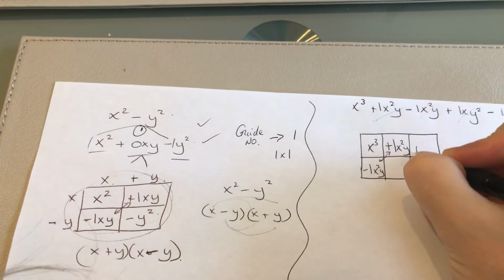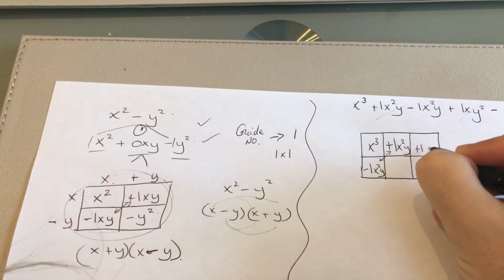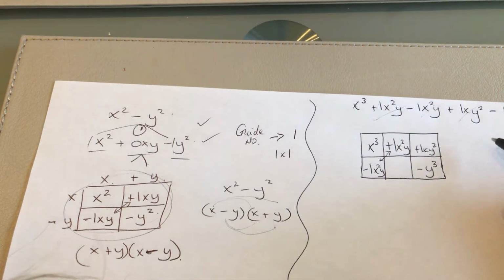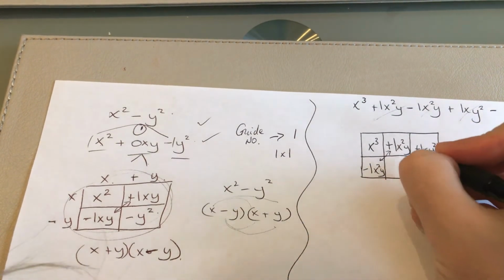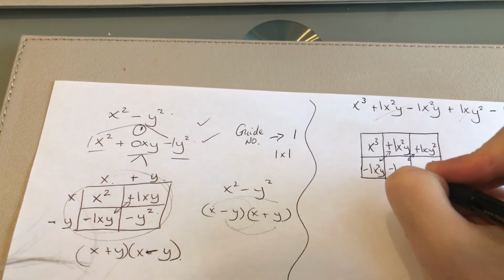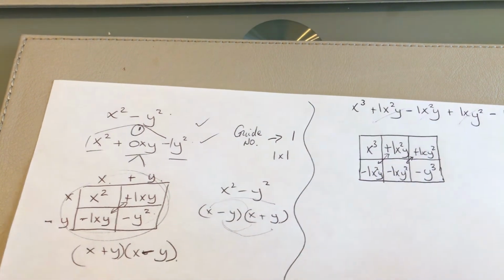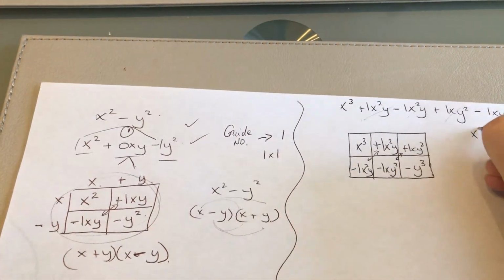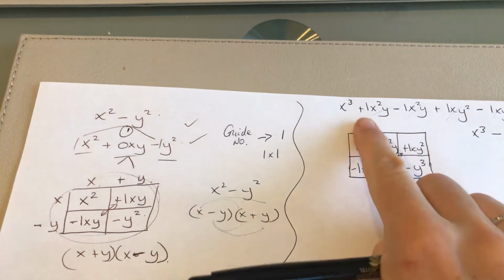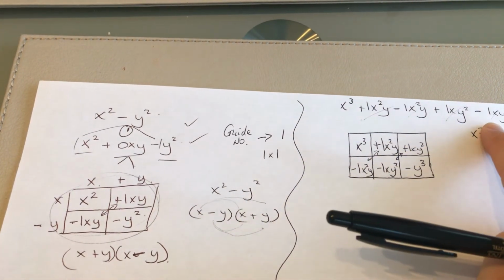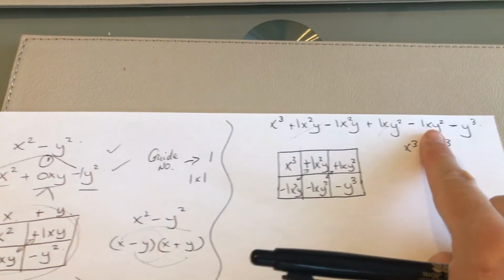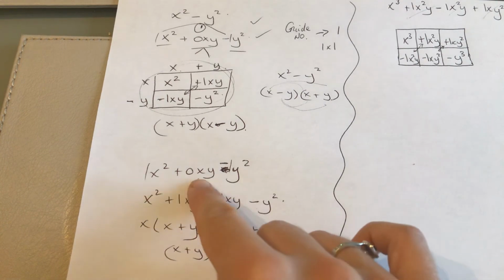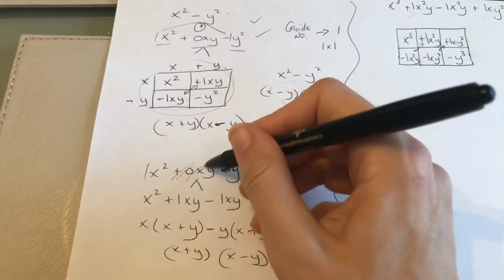I'm going to put in a plus 1xy squared, and I'm going to put in a minus, again diagonally, minus 1xy squared. I have done nothing different. This is still the difference of two cubes with a load of extra things added in, which actually when you look at them just add to give you 0. Just like here. I added in things, but they are actually nothing.